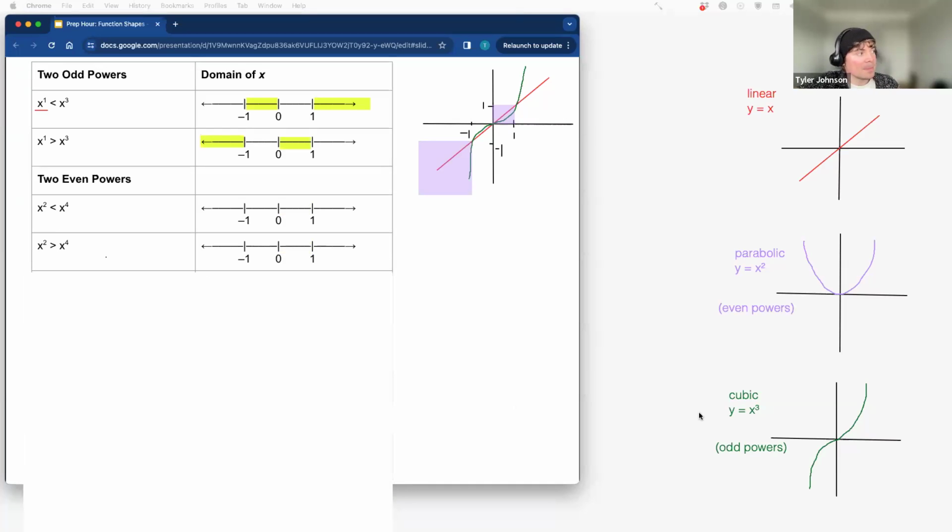So let's keep going. I want you all to try and chat me answers for this next one. If I want a square to be smaller than the fourth power, what's my domain of x? Where is that possible?